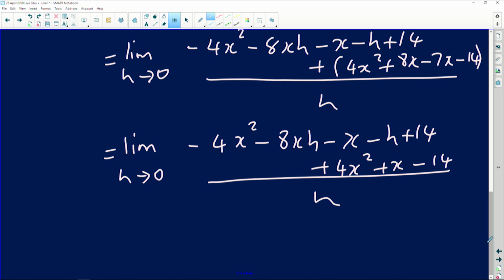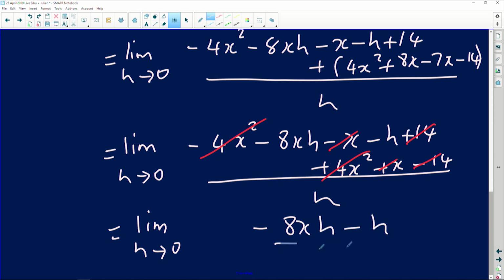This is very important for you to keep in mind. Any term that comes from f of x needs to die once you get to this level here. If one of them survives, then it means you made a mistake somewhere in your simplification. So you will look at this and find that this one actually kills that one. They subtract each other off. Minus x subtracts x out, and 14 will subtract 14 out, leaving us with minus 8xh minus h all over h.